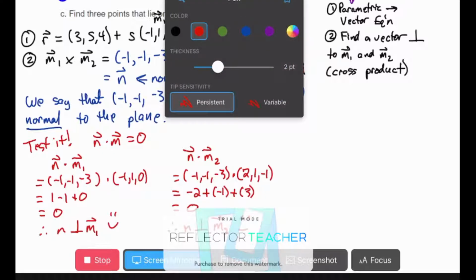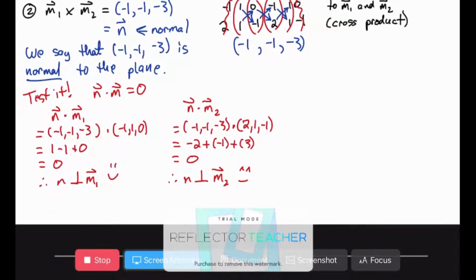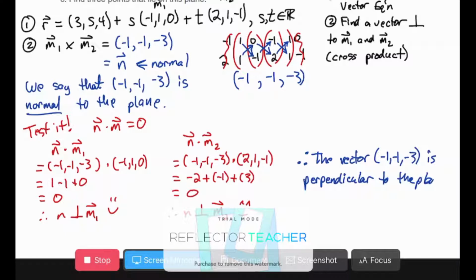So let's write our concluding statement. And let's move this up so you can actually see it. Sorry, it's the last page. I can't keep it up, but you can see it there. So, therefore, the vector, our n vector, our normal vector, negative 1, negative 1, negative 3, is perpendicular to the plane.